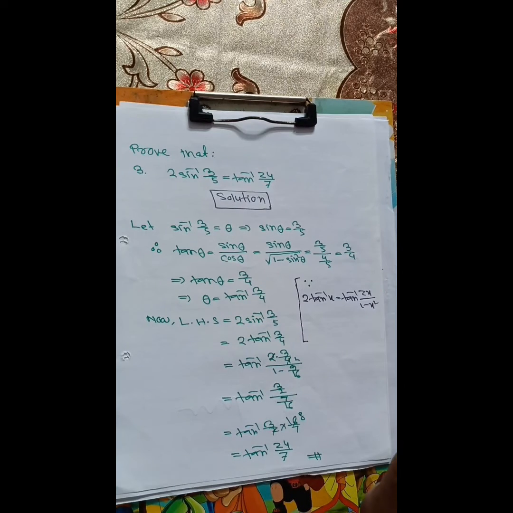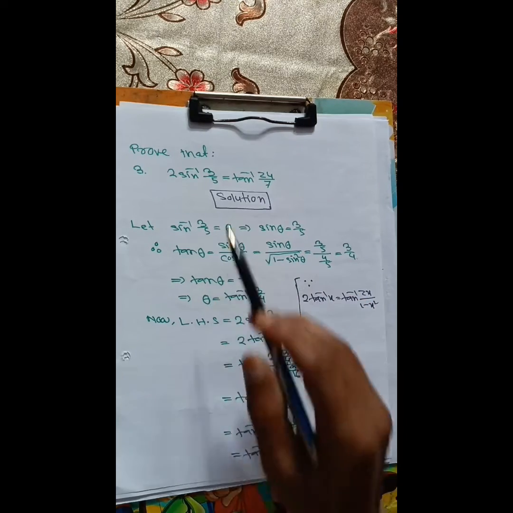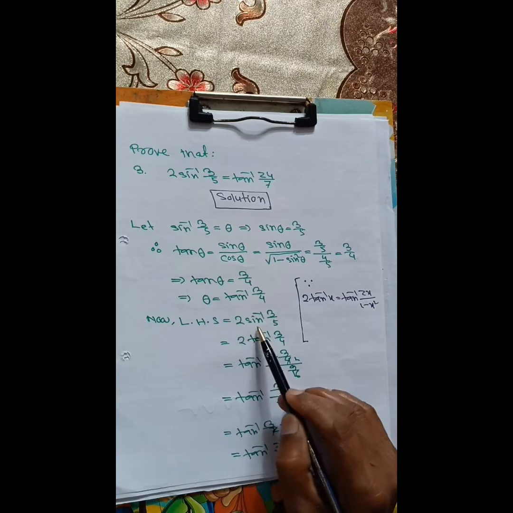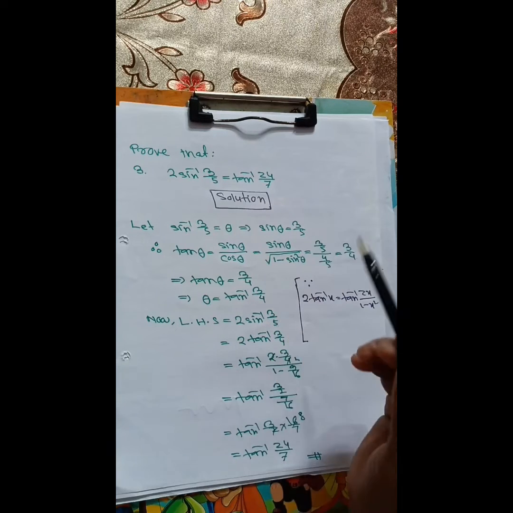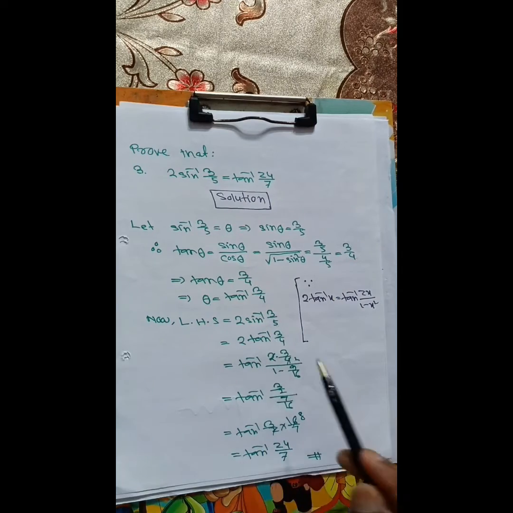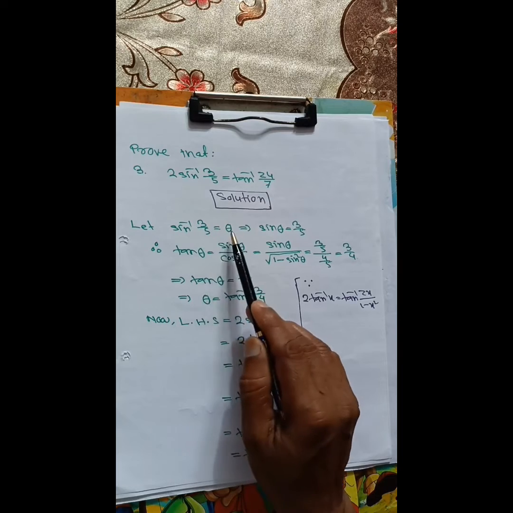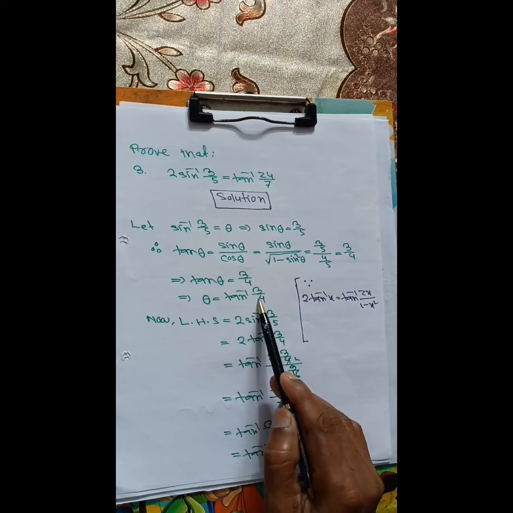Now what will we do, we have to write the left hand side. Left hand side is equal to 2 sin inverse 3/5. ध्यान से देखो, थीटा क्या है, theta is sin inverse 3/5, and the same theta we get is tan inverse 3/4.